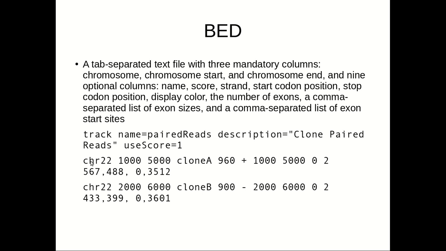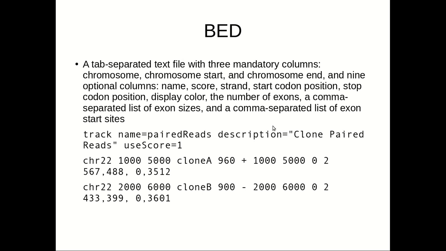The first column is what chromosome we are mapping to. The second column is the start site on the chromosome of this gene, and the third column is the stop site. So that we absolutely must have. And the remaining nine columns are optional. So we have the name, we have a score, which is kind of arbitrary and depends on what your application is. Then we have strand, and we have the start codon position and stop codon position.